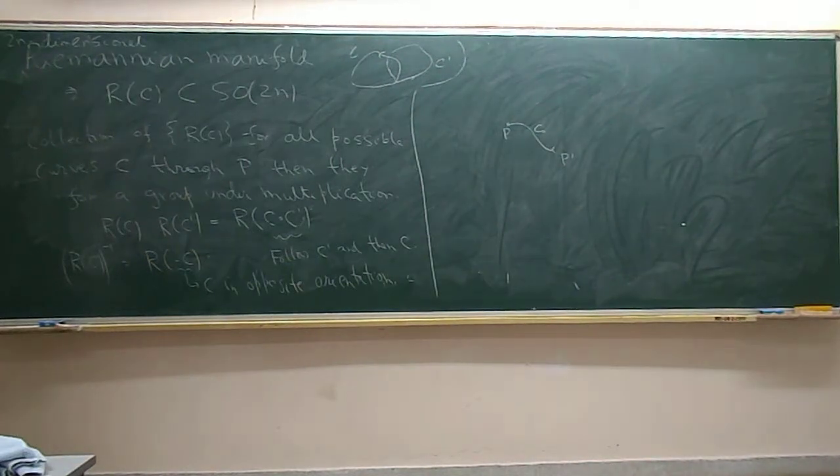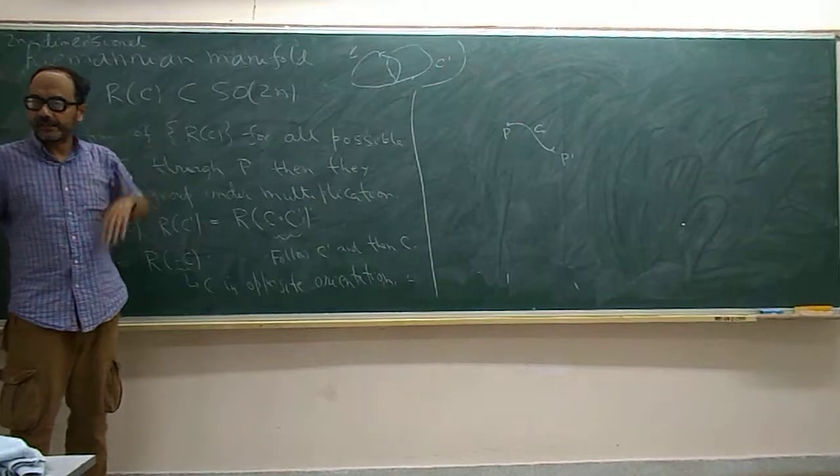Okay, so you know that the holonomy group has to be a subgroup of SO(2n).